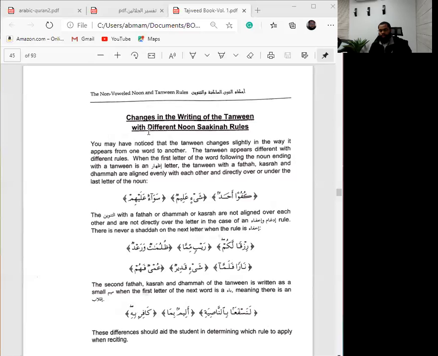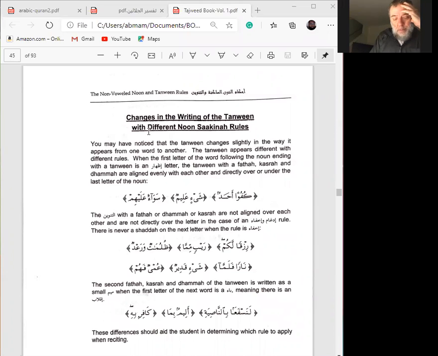You may have noticed that the tanween changes slightly in the way it appears from one word to another. You guys notice that? The tanween appears different with different rules.